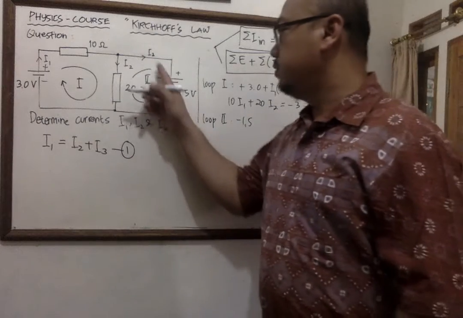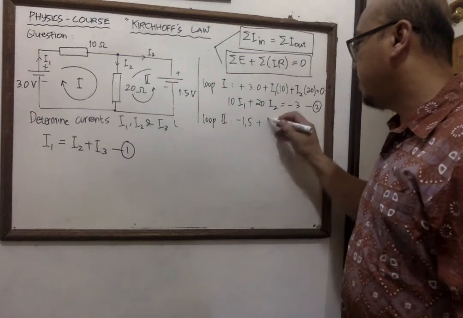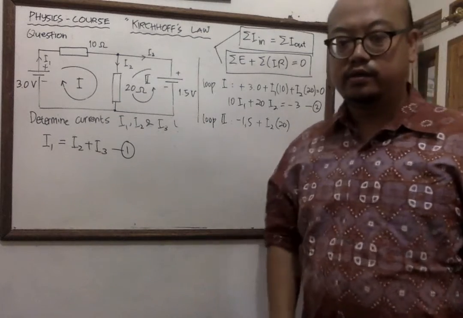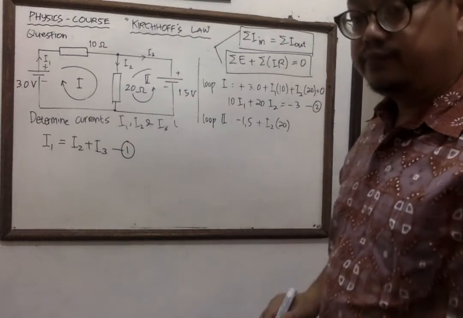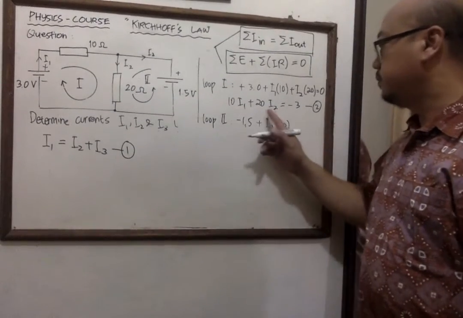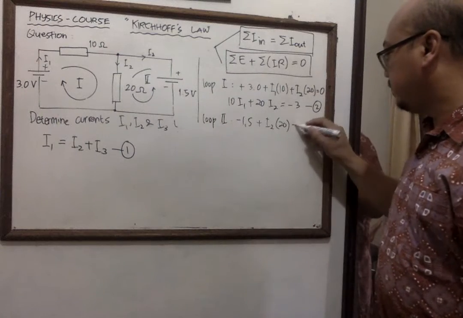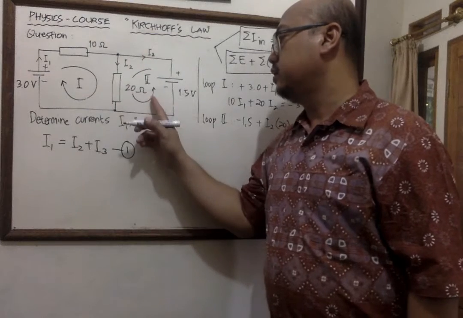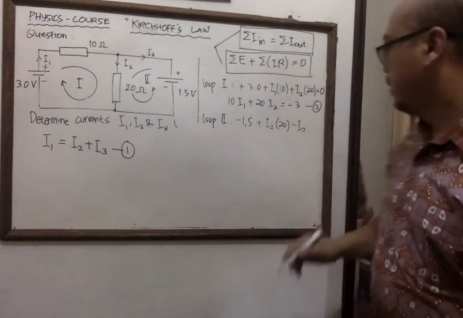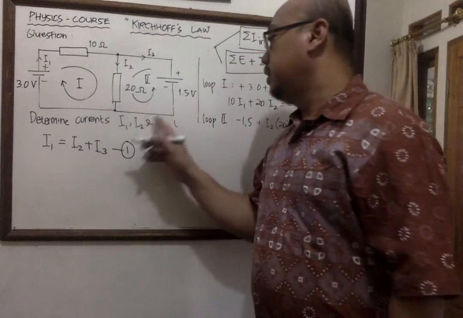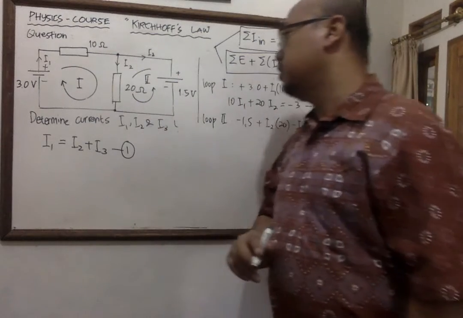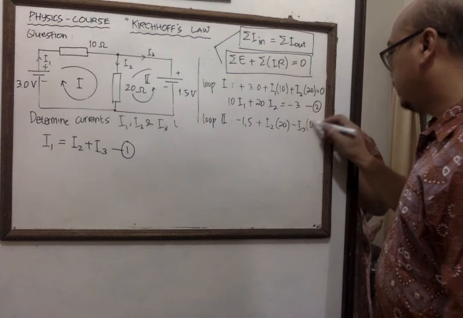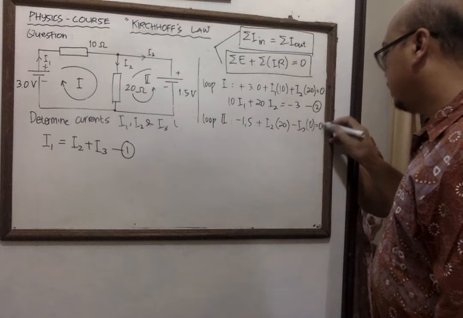Then on loop 2, we have plus I2 across 20 ohms, and negative I3. Why negative I3? Because the direction of I3 and the loop direction are opposite. I3 does not cross any resistor, so we put 0, equals 0.